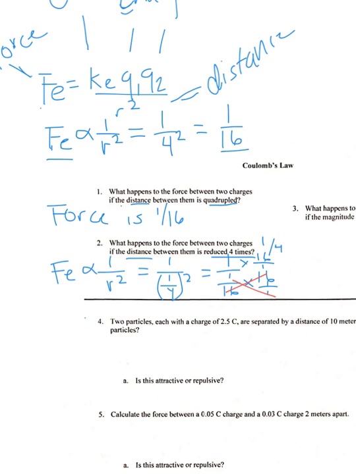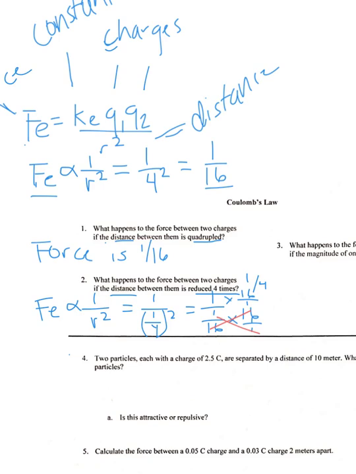So then we're left on the top with 1 times 16 over 1, and that is going to give us an answer of 16. So if it says what happens to our force between two charges if the distance between them is reduced 4 times, it is now 16 times the force.